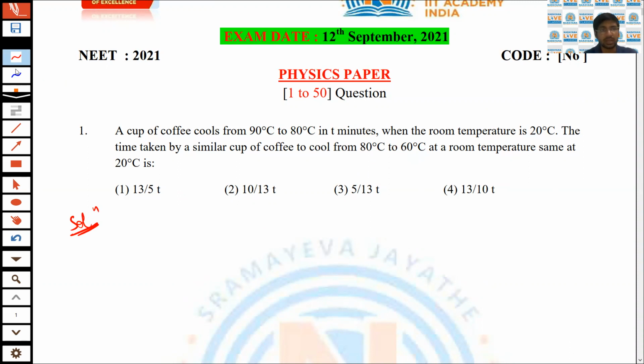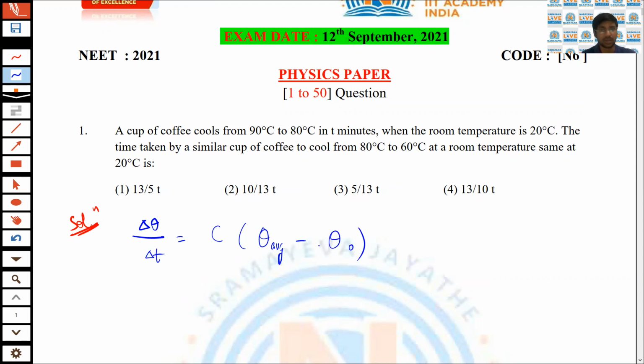Newton's law of cooling is basically delta theta by delta T equals some constant C times theta average minus theta naught, which is the surrounding or room temperature.